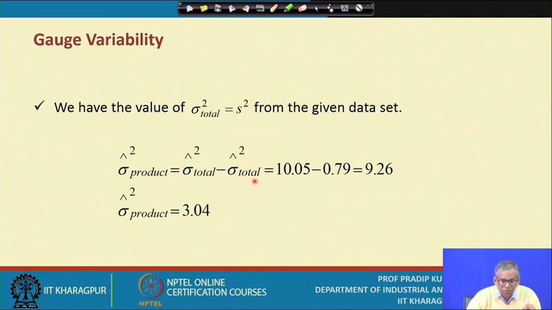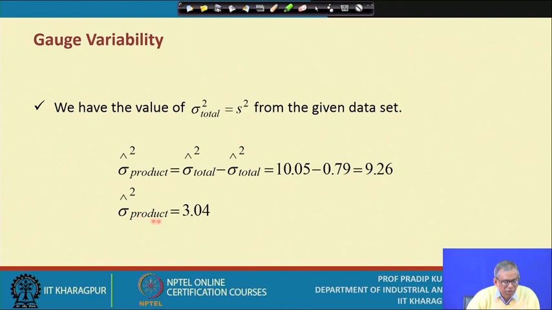It's not total, it should be gauge. Sigma square total minus sigma square gauge. So it is 10.05. Suppose this is the data you have got and you have calculated 10.05 as sigma square total. Suppose for a given case, I am just setting one example, this is 0.79, that means it is 9.26.